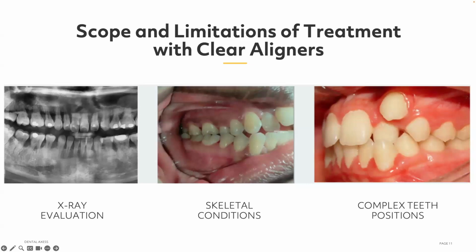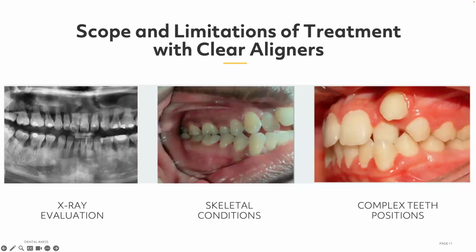That is why I place it in the scope of limitation, because we cannot just include it in the treatment plan from the beginning. That is going to make the treatment plan very complex. It's going to make the extrusion process unpredictable, and will probably create fitting issues and discomfort for the patient, because trying to make the plastic go that high to achieve good traction of that canine is very difficult.